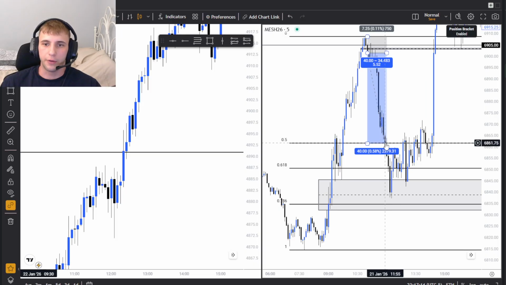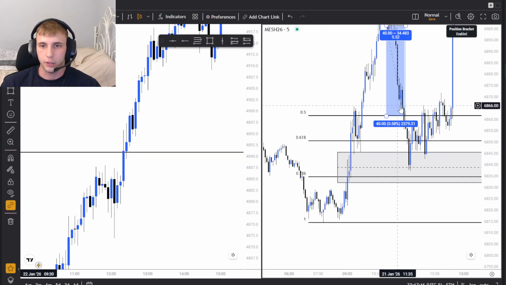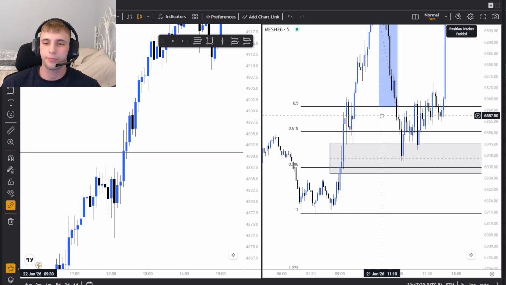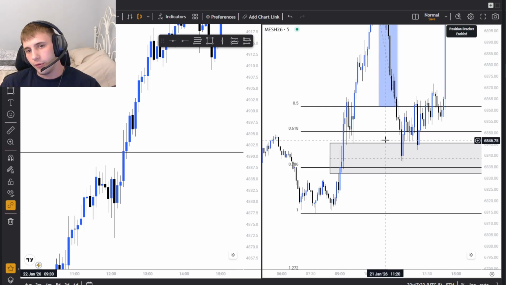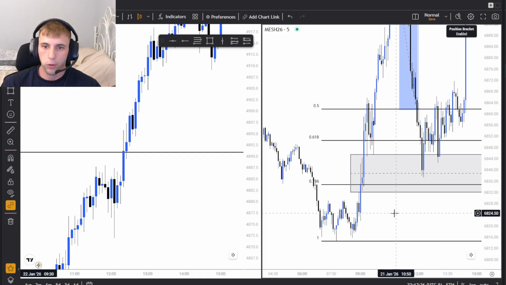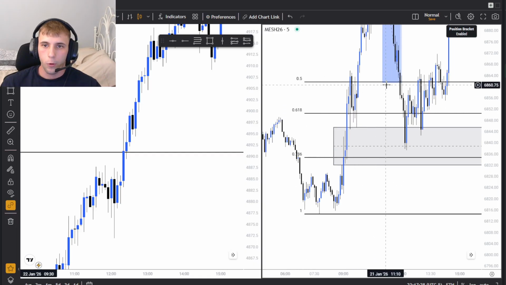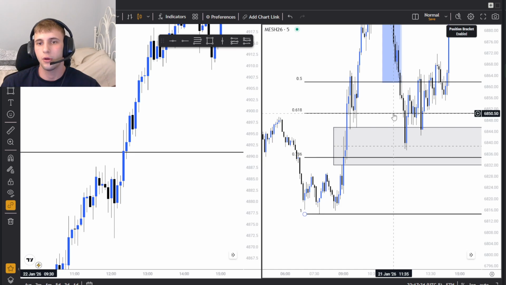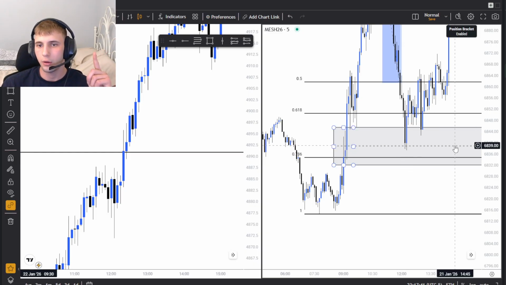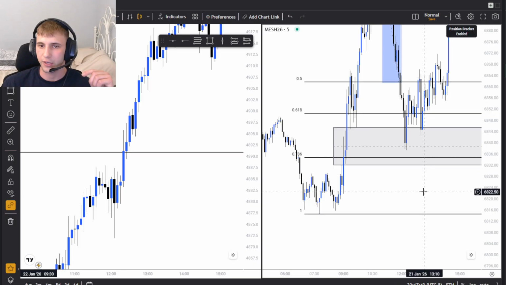You can have your first take profit at 0.5 equilibrium, okay? Take out majority of your position here. Now you can do a few things here, okay? You can have your final take profit either at 0.618 or at the beginning of this gap, or at equilibrium of this gap. Why?